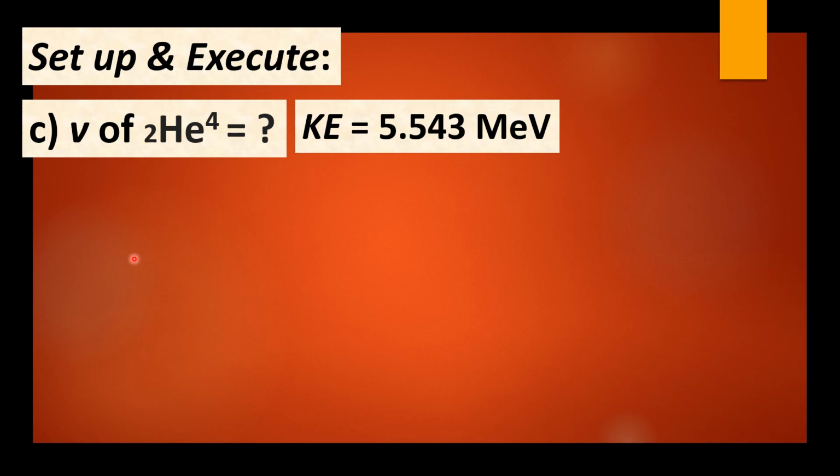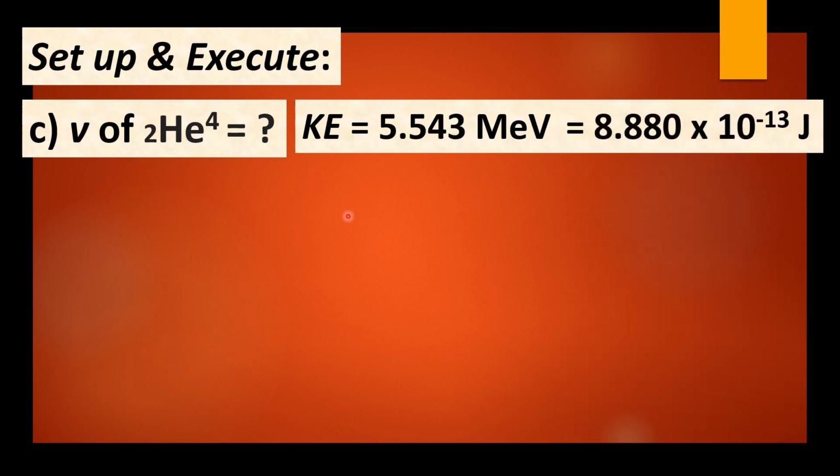Lastly, to find the speed of the emitted alpha particle, we can convert its kinetic energy from the unit million electron volts to joules, which is 8.880 times 10 to the negative 13 joules. That is the equivalent of 5.543 million electron volts in joules.